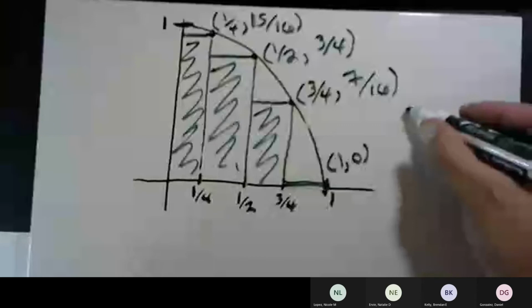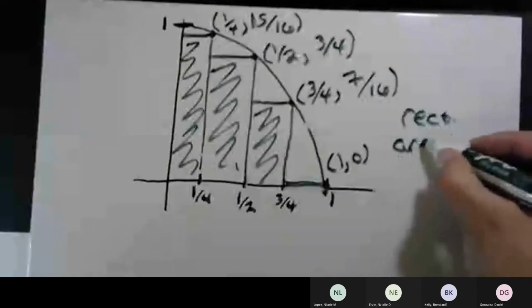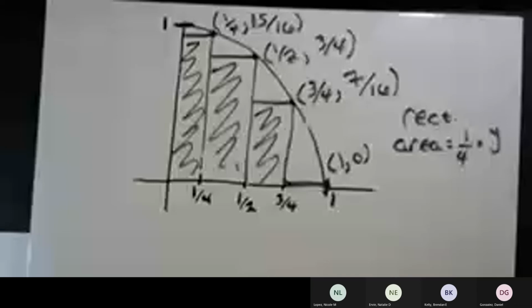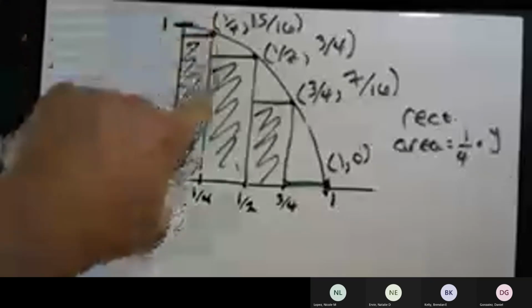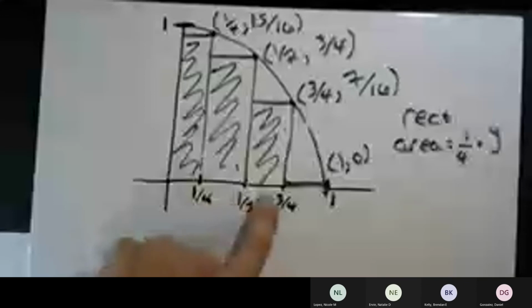So a rectangle area will be 1/4 times the y coordinate. The y coordinate gives the height, and each of these has a base of 1/4.